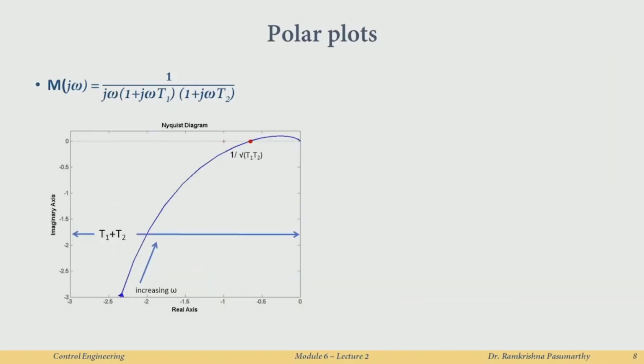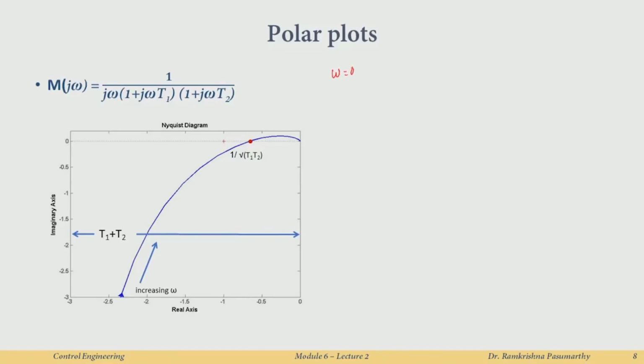The next thing. Okay, so what if I add a pole at the origin to the previous transfer function? This is just the previous one to which I add j omega in the denominator. Let's do some simple computations first.